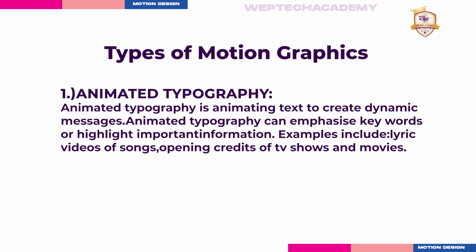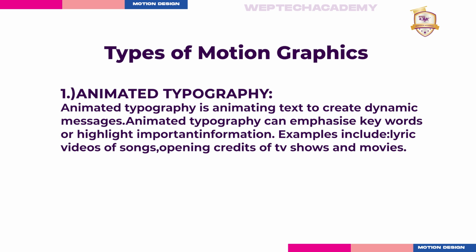This animated typography most of the time gives emphasis to keywords or highlights important information. Are we together? So these are just texts that have been animated to create a message.